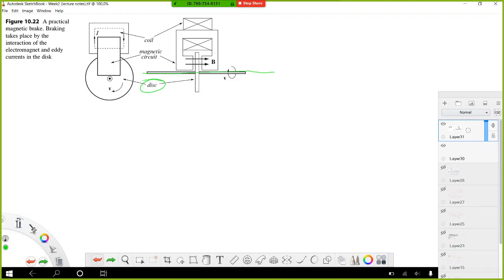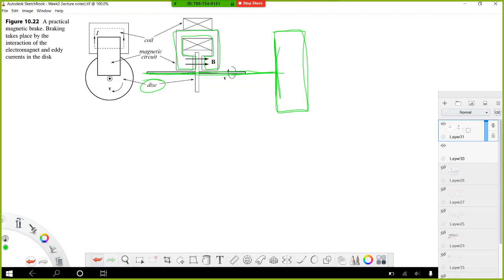So this is the axis, and further on the axis there is a wheel of a truck or a wheel of a train, and an electromagnet is placed around the disc. This is the electromagnet which we have seen before.